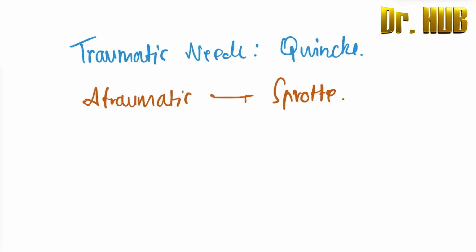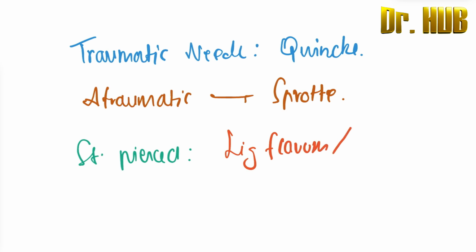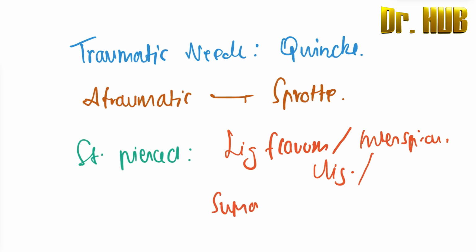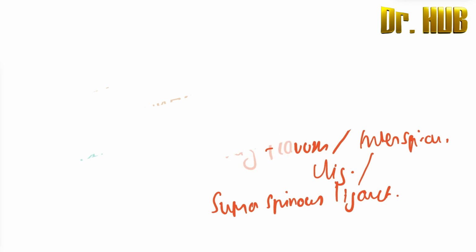What are the structures which are pierced? Let's look at the structures pierced. They include the ligamentum flavum, the interspinous ligament, and the supraspinous ligament.